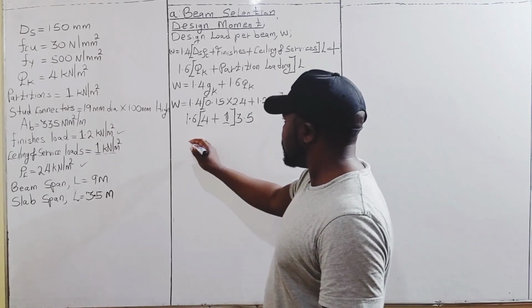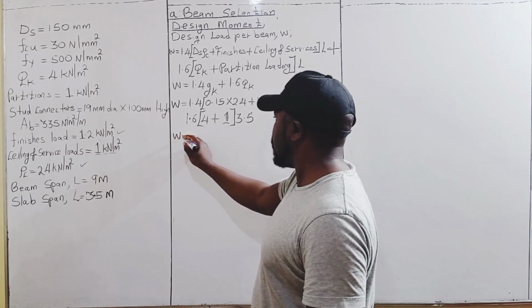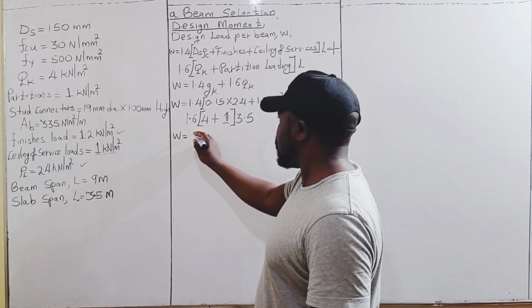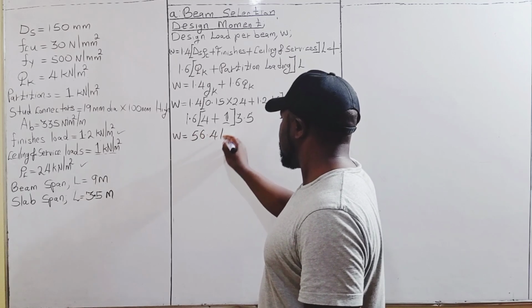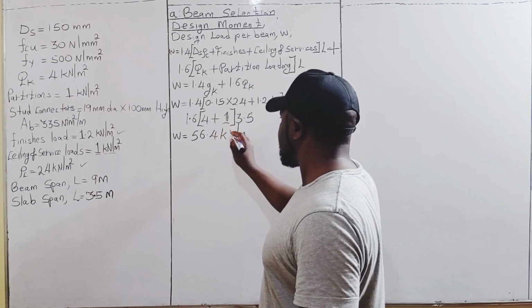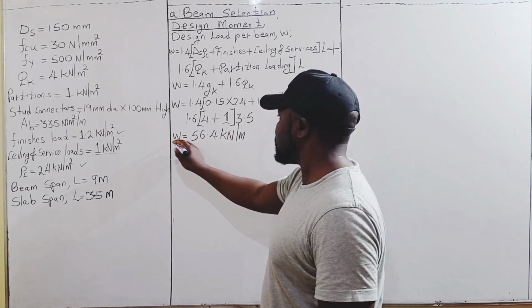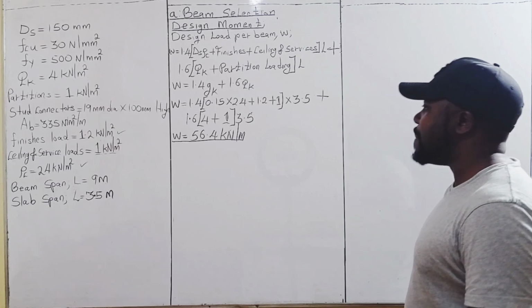When we do so, we get a design load of 56.4 kilonewtons per meter. Therefore, that is the design load per beam.